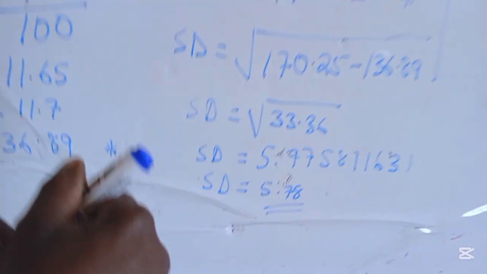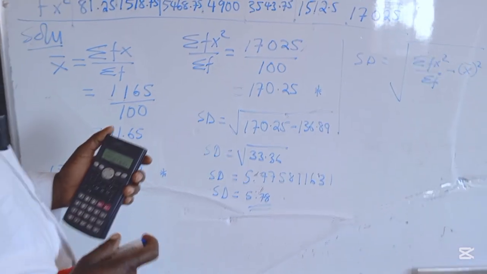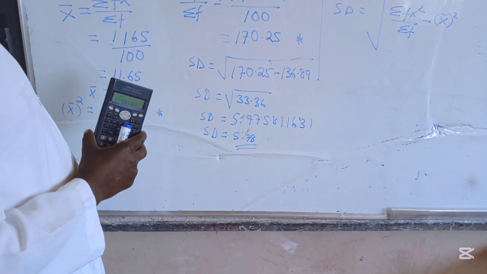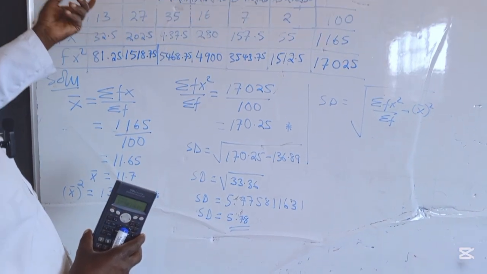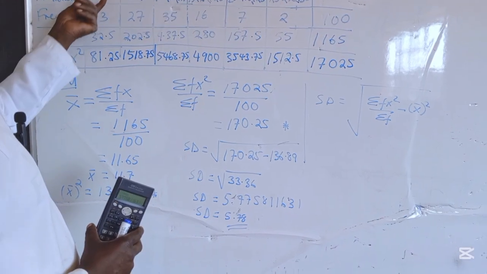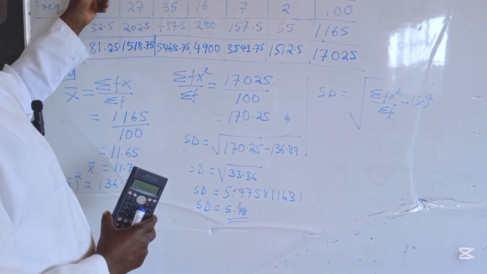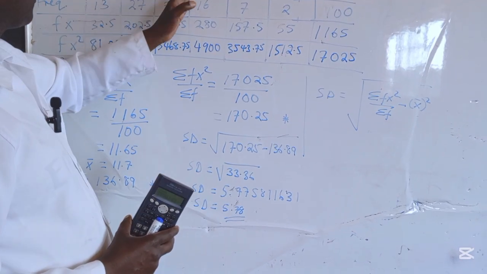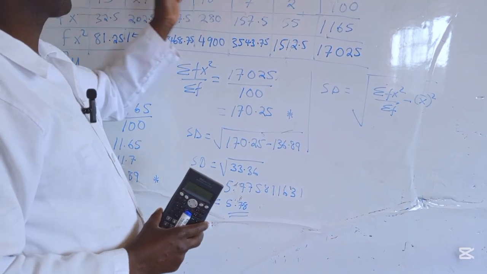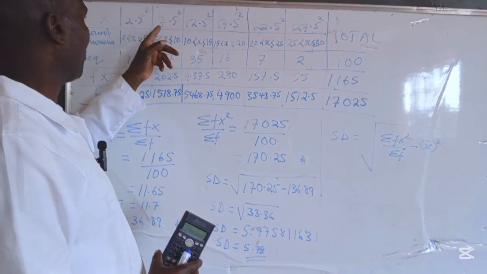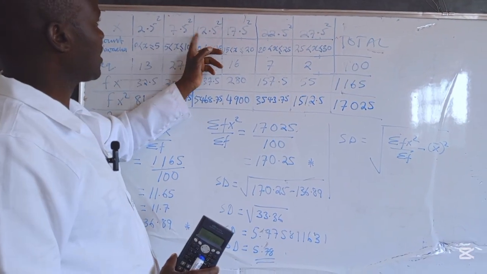So ladies and gentlemen, what is that which I was reminding you to do? Number one, on the question paper, this is what we call grouped data. The data is being grouped here. So we are looking at the midpoint. You find the midpoint. After finding the midpoint, normally here you come up with what we are calling a sequence. So in an exam, if I find the first two, you should just find the difference. Then I start adding.